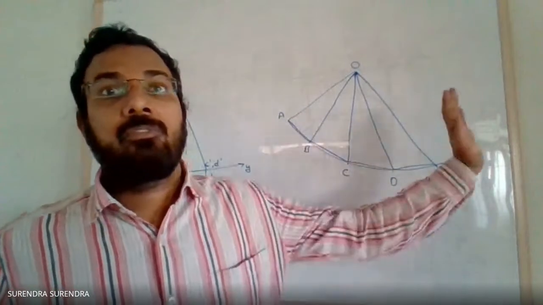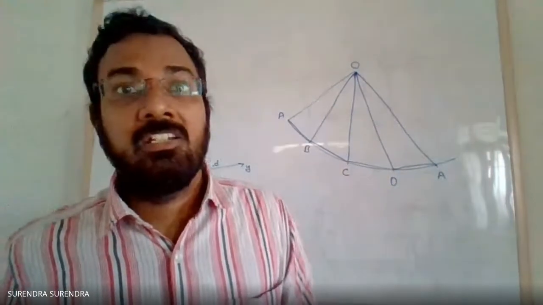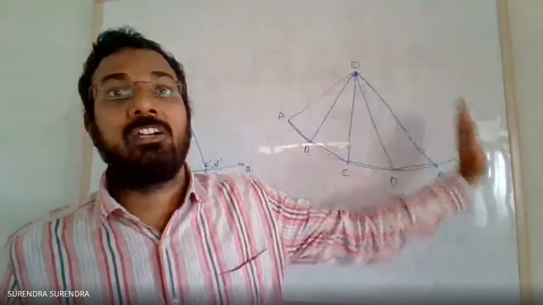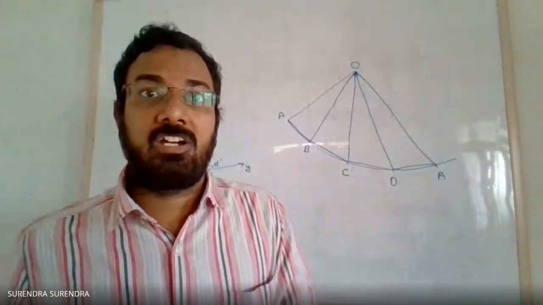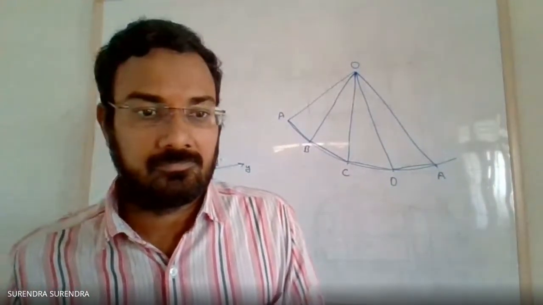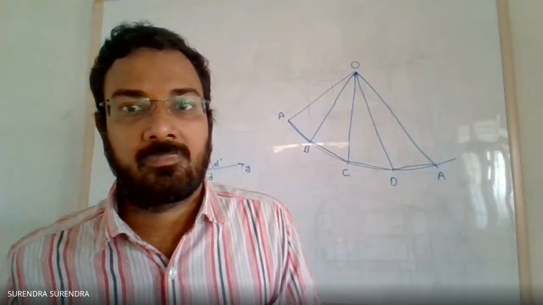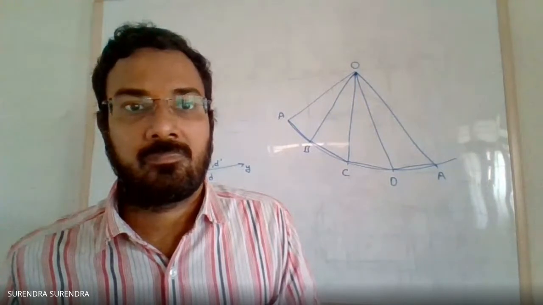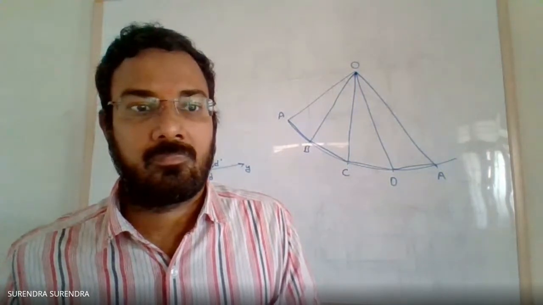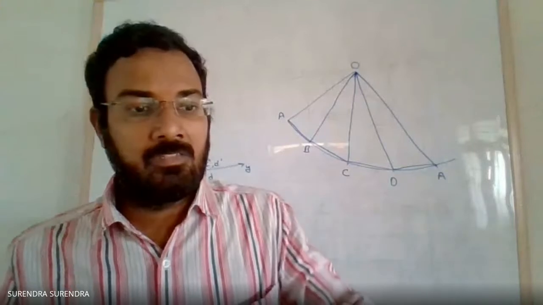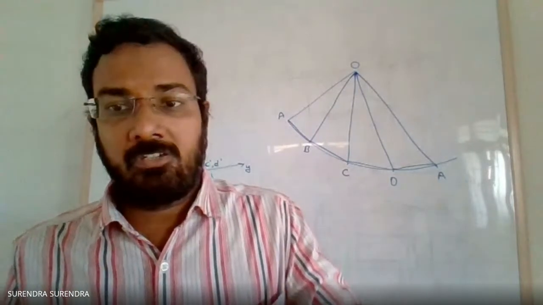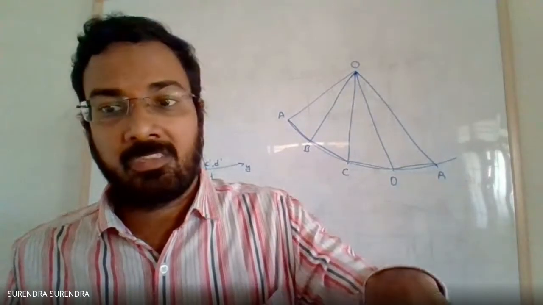So it is drawn by first drawing the arc and then drawing the radial lines from the center of the arc.